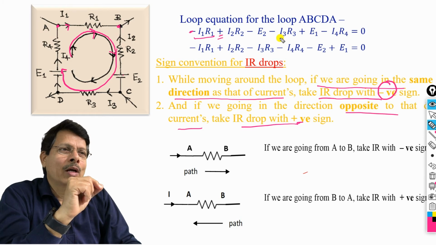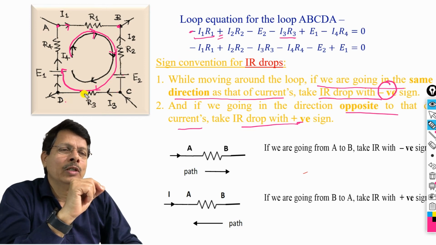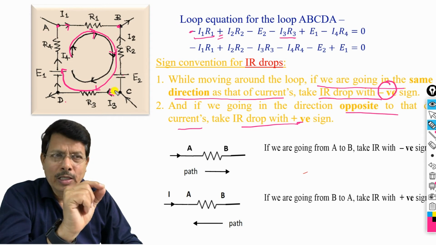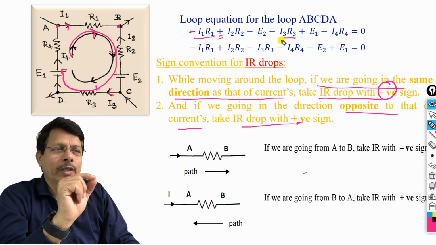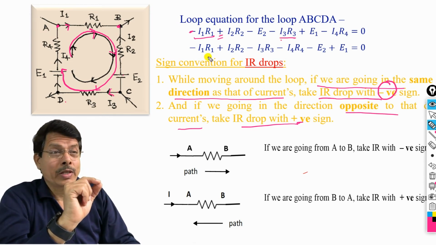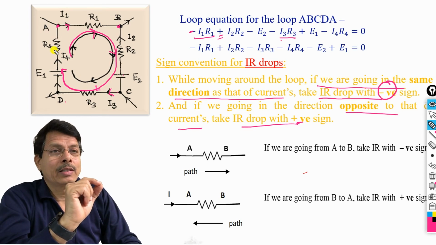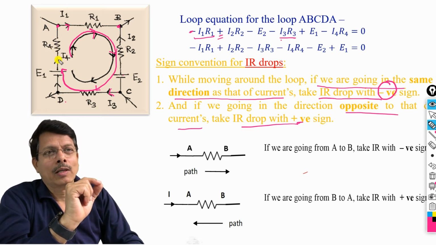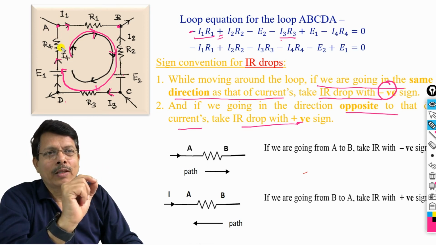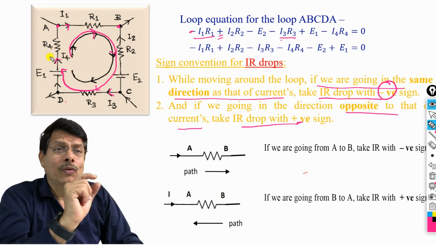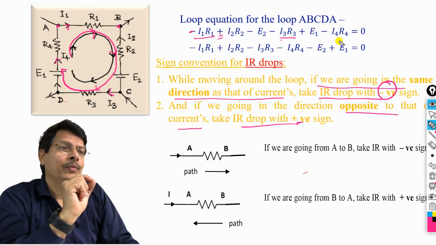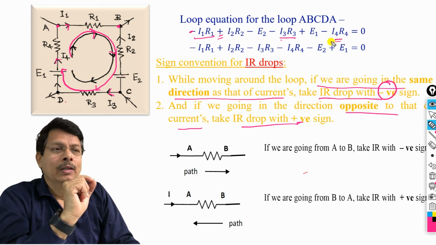Here also for I3 R3, my direction of tracing is from C to D, and this direction is the same as that of current I3, therefore I have taken it with minus sign. And the last resistance is R4, the current direction is like this, our tracing direction is the same, and therefore I4 R4 should be taken with minus sign.